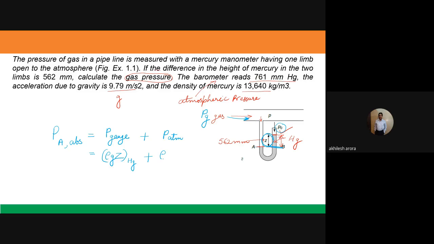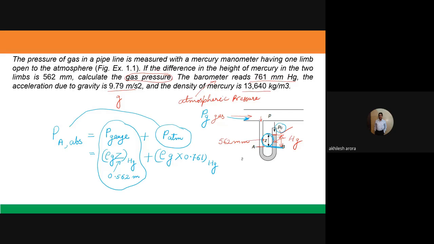P atmospheric is once again rho g into 0.761, and now it is for mercury. So if I am putting the value of Z, which is equal to 0.562 meter, and calculating only this value, then it is equal to the gauge pressure. If I am adding atmospheric pressure into it, then the sum of these two becomes the absolute pressure at A, which is actually equal to the gas pressure.